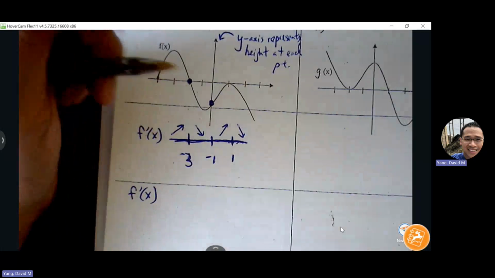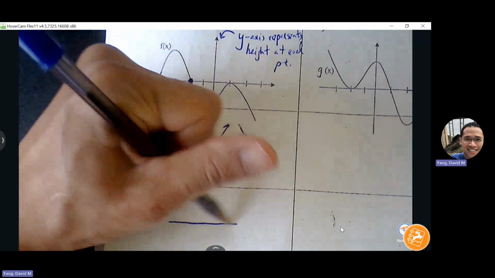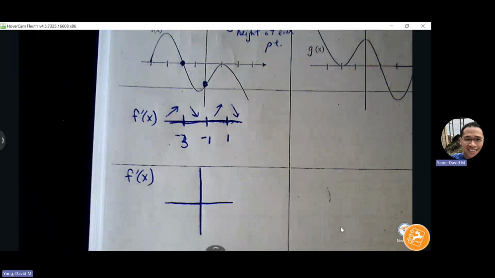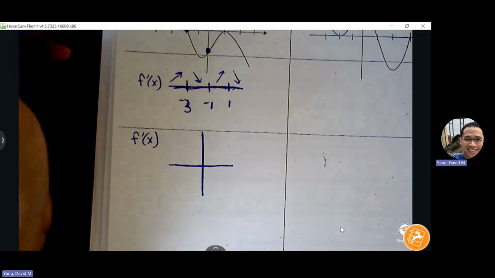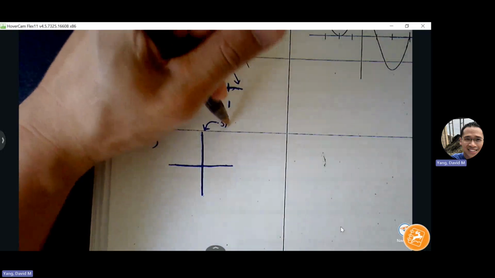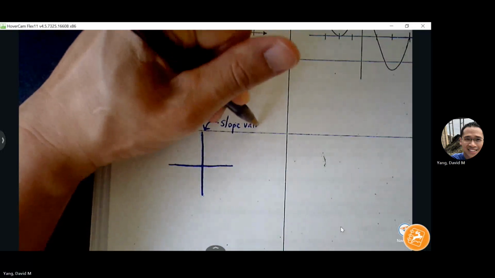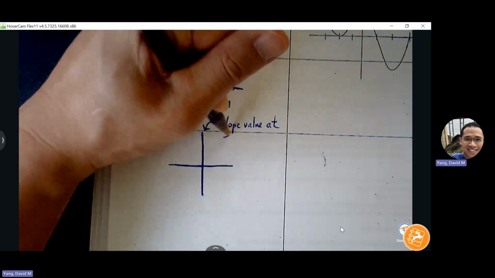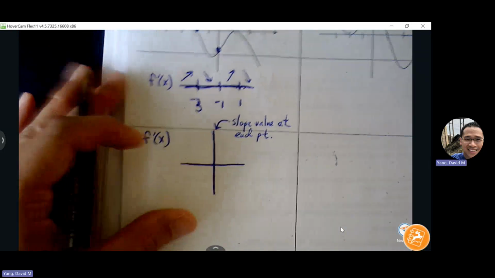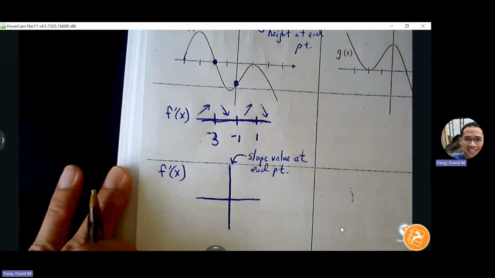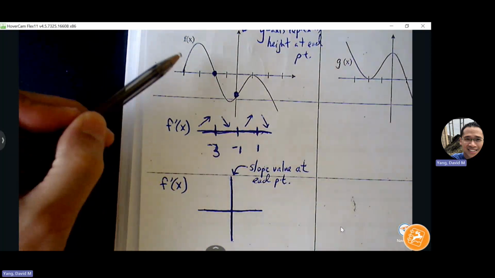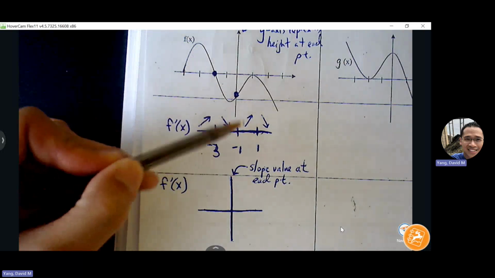Now, what if we had a derivative graph where the y-axis no longer represents the height at that point, but instead represents the slope value at each point? It's going to feel a little strange because we're not used to thinking about a graph from a slope perspective. We like to think about the height, or y value, perspective.